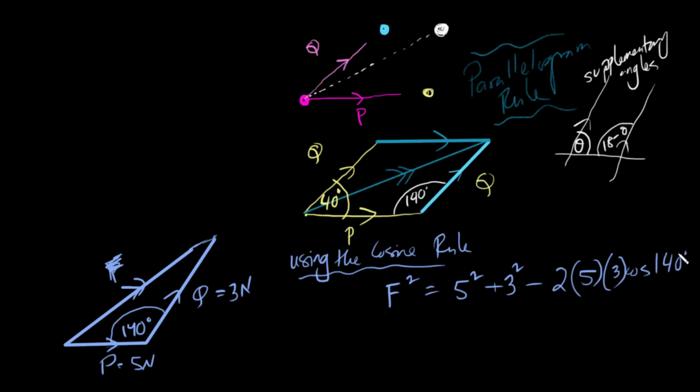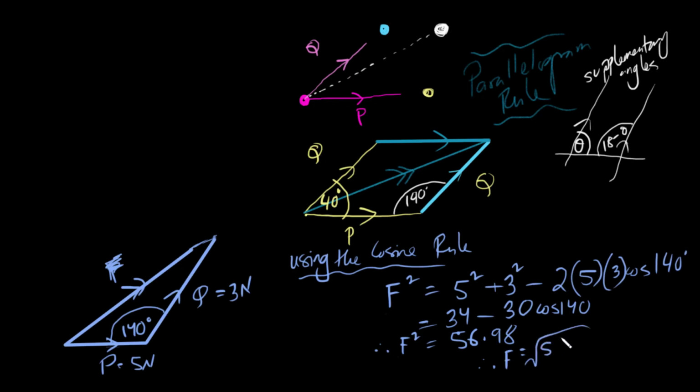That is the cosine rule. Then we can calculate it. This is 25 plus 9, which is 34, minus 30 cos 140. So F squared equals 56.98, so F is the square root of 56.98.